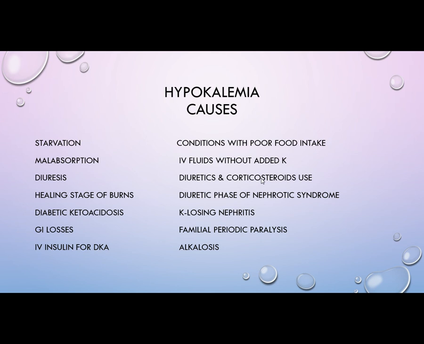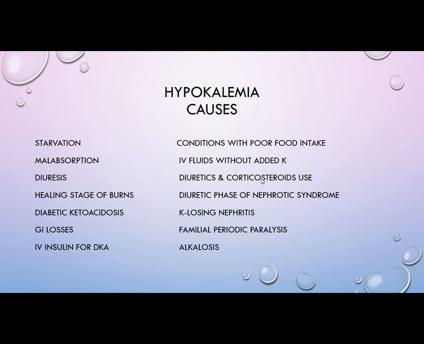Conditions with poor food intake, your IV fluids without having potassium. Diuretics and corticosteroids. Y'all please remember, corticosteroids can cause hypokalemia. Okay? Just like you need to monitor their blood glucose when they are on steroids, you also need to monitor their potassium level.